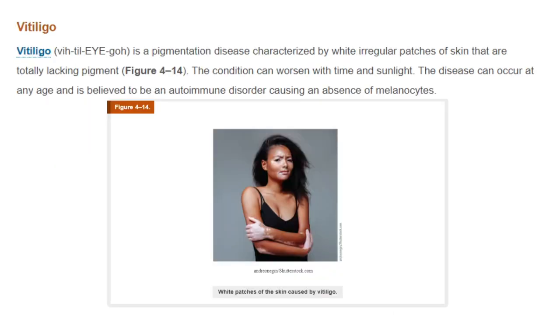Vitiligo. Vitiligo is a pigmentation disease characterized by white irregular patches of skin that are totally lacking pigment. Figure 4.14. The condition can worsen with time and sunlight. The disease can occur at any age and is believed to be an autoimmune disorder causing an absence of melanocytes.